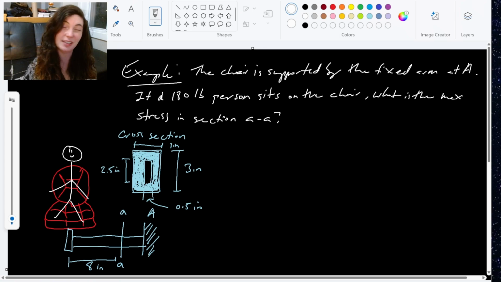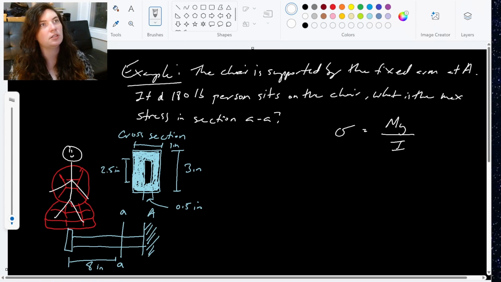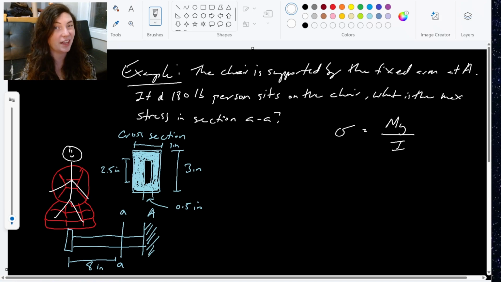It may be a little more complicated since it's hollow. But what we're going to do first is just write down our equation: moment times distance away over moment of inertia. So we're going to go through and find all of our ingredients for this, right?